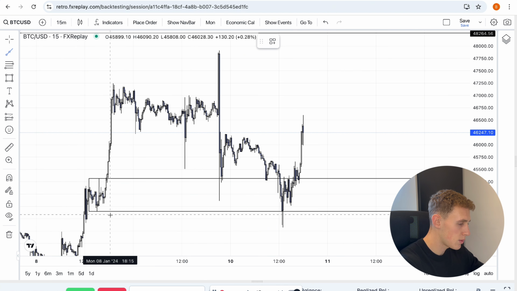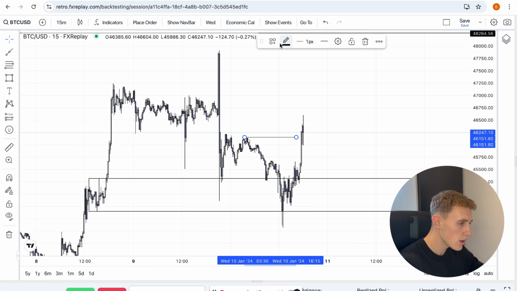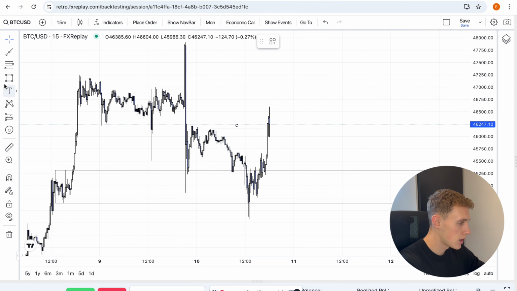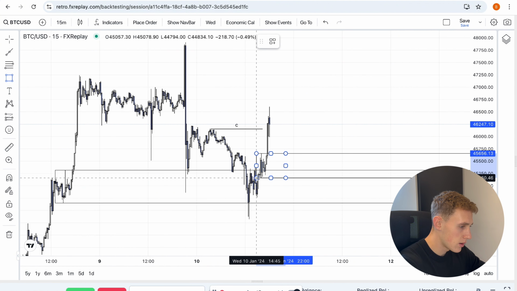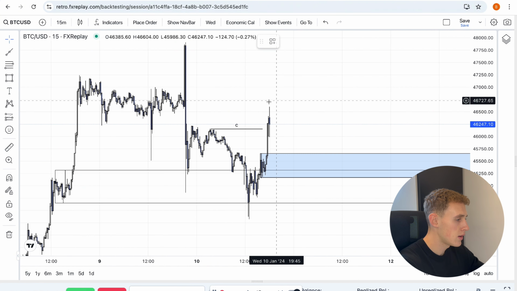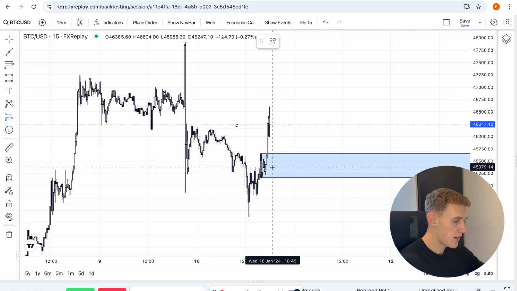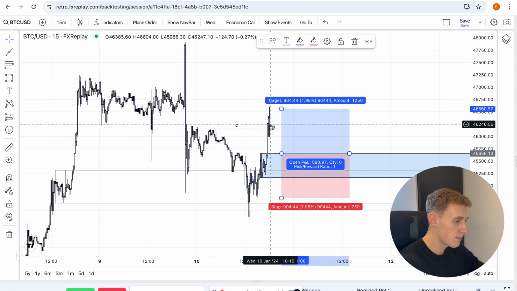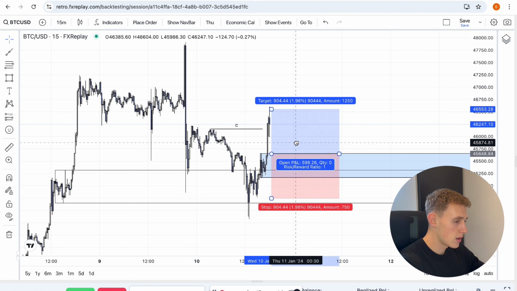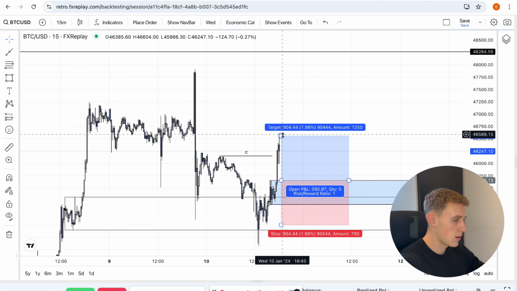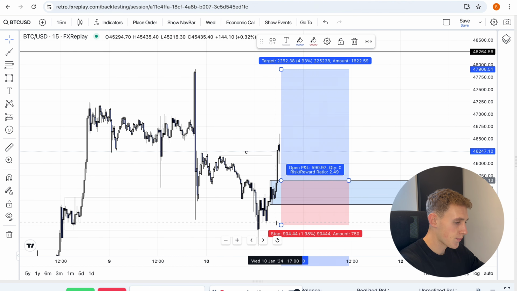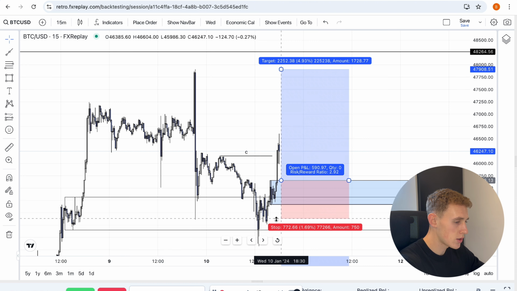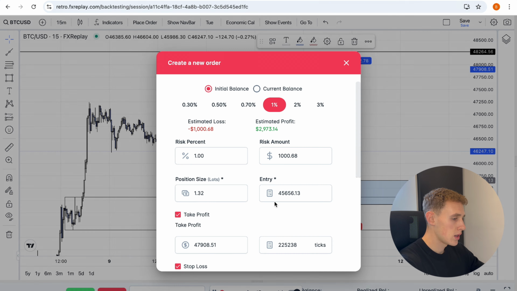So you've sort of had a sweep of that demand, 15-minute breaker structure. You've then got this demand there. So if we can get a retest into this area, I'd be happy to buy up into this high to the left. Slightly smaller stop just to make it a 1 to 3.